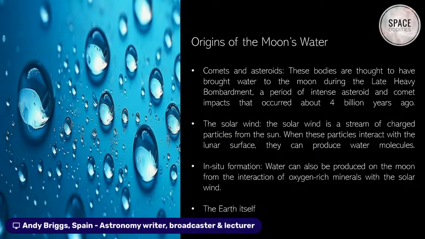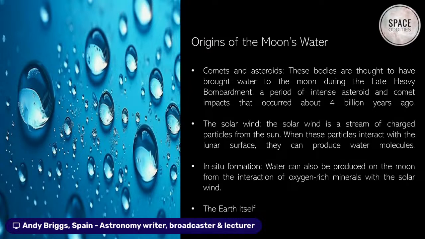Where does the moon's water come from? Well, a few possible places. Comets and asteroids is obviously one, but the solar wind is another, because the charged particles from the sun interact with the lunar surface and can create water molecules, believe it or not. And it can also be from the Earth itself, because don't forget, we believe that the moon was formed after a Mars-sized body collided with the Earth early in its history, and a huge amount of the Earth's crust was thrown into space and then coalesced quite quickly, as it turns out, to form the moon, so the water could have come from the Earth in that way.